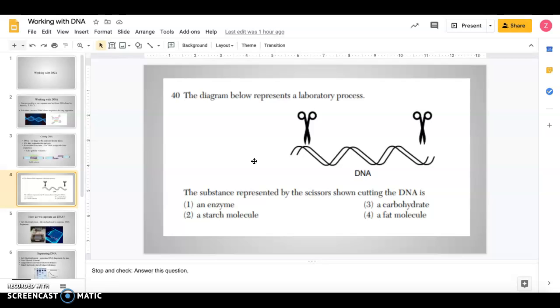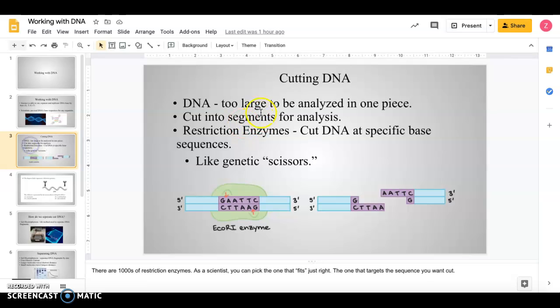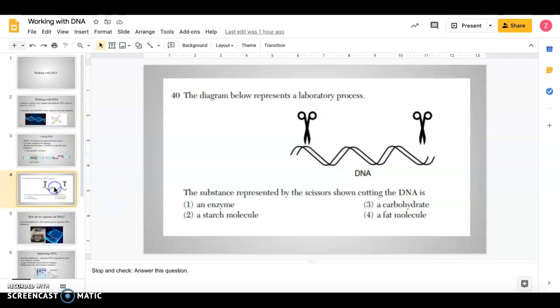A starch molecule, 3. A carbohydrate, or 4. A fat molecule. So the answer is choice 1. The scissors represent an enzyme. More specifically, they represent a restriction enzyme, cutting DNA at a specific base sequence.